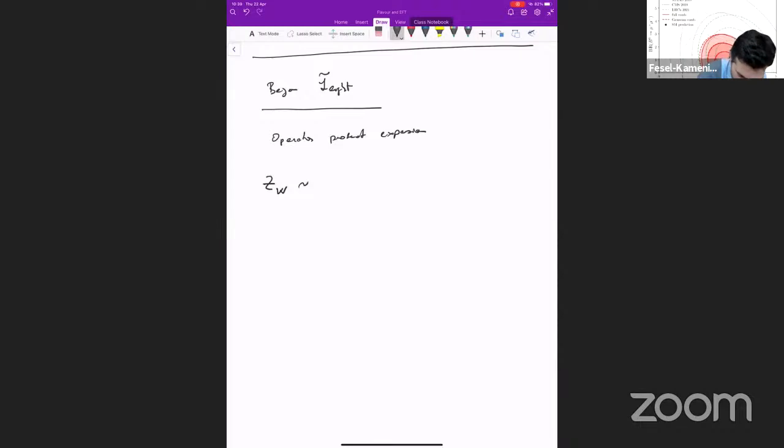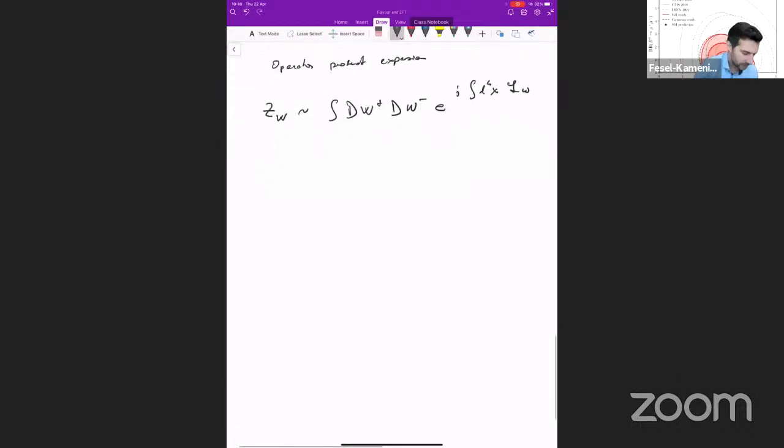So up to normalization, this will be given formally by a path integral over the W plus, W minus fields times e to the iS, where the action, because it's a local action, is just a space-time integral over the Lagrangian density involving the W fields, where we can now write this Lagrangian density.